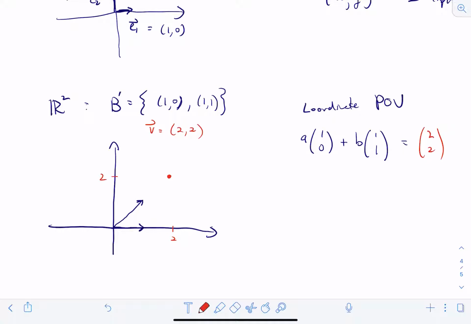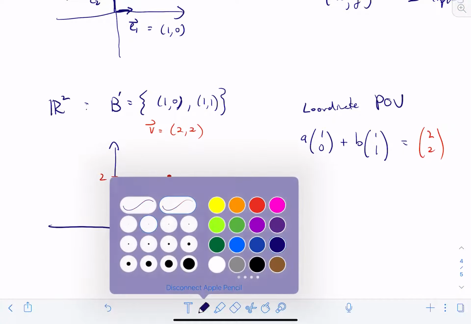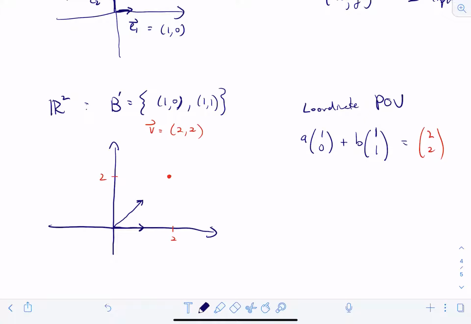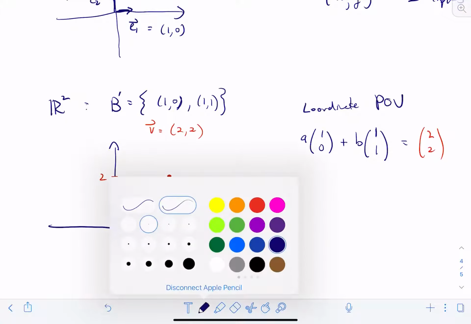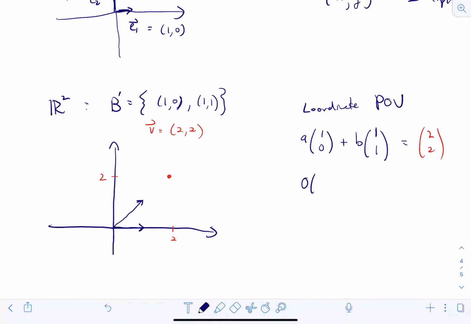Okay. So I think if you look at this situation, I hope it's pretty obvious to you guys that when you let A be equal to 0, and you let B be equal to 2, and you add that result together, that's how I'm going to get the vector 2, 2, right?